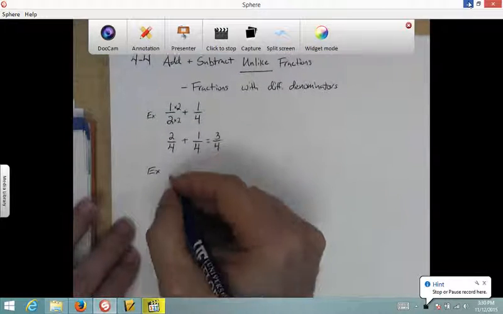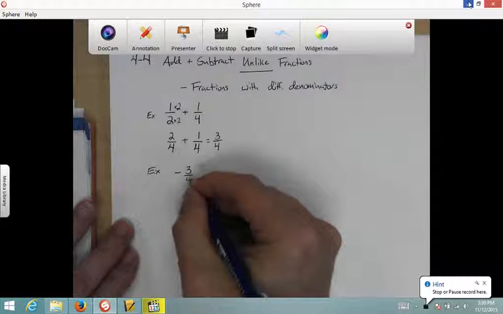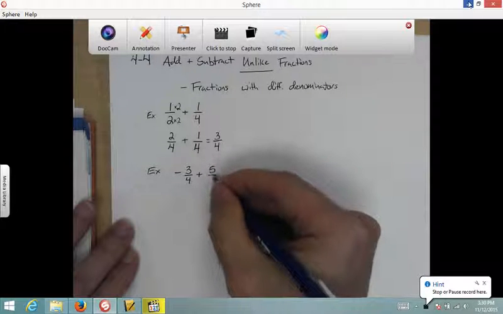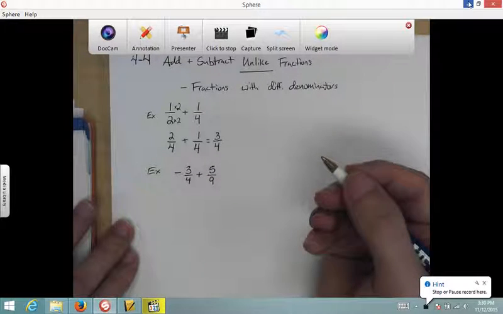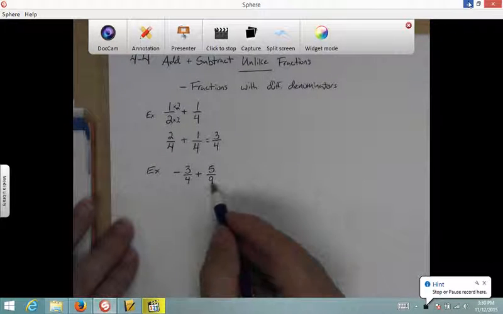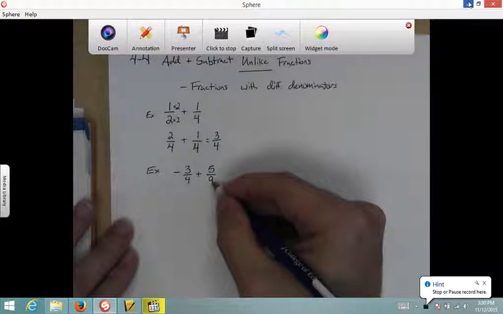Let's say we had -3/4 plus 5/9. Okay, so we look at this and we've got denominator 4, denominator 9. We look at the biggest one and we say, okay, does 4 go into that? Nope, not at all. So we look at the biggest one again. Well, 9 times 2 is 18.